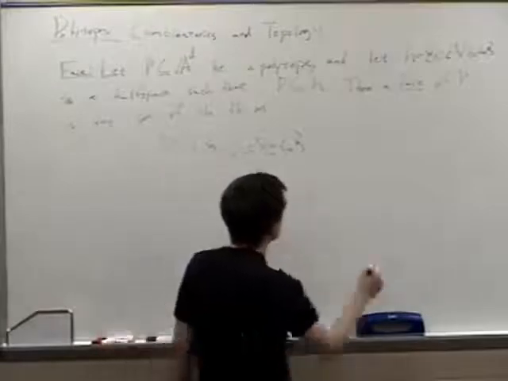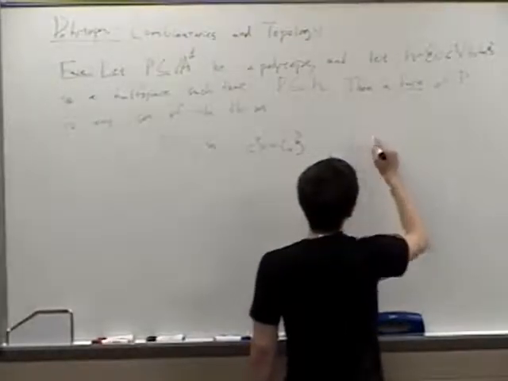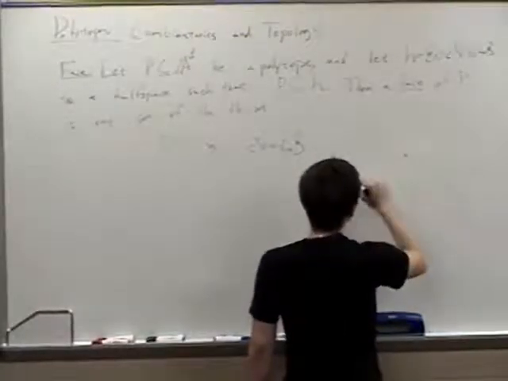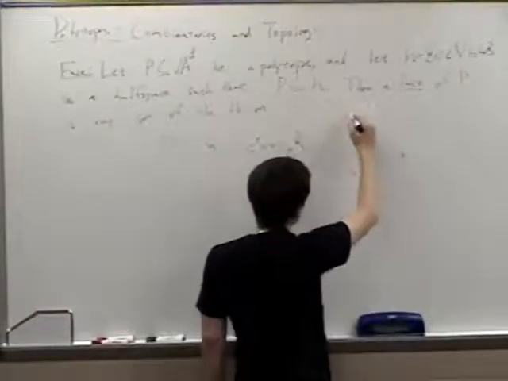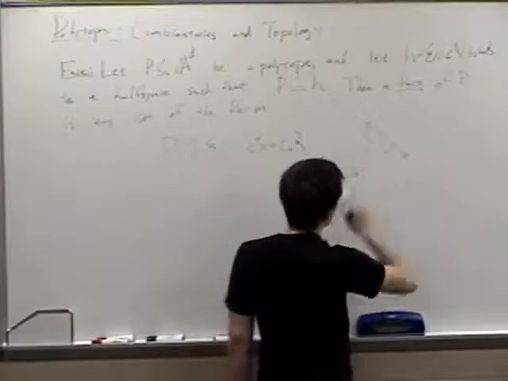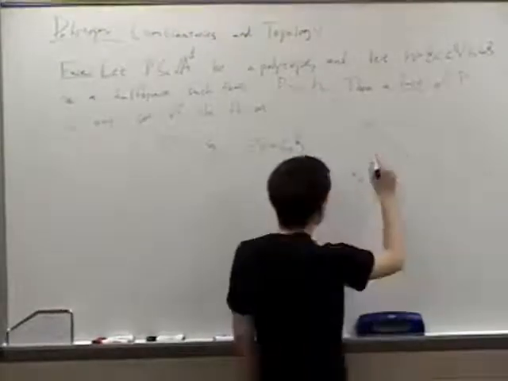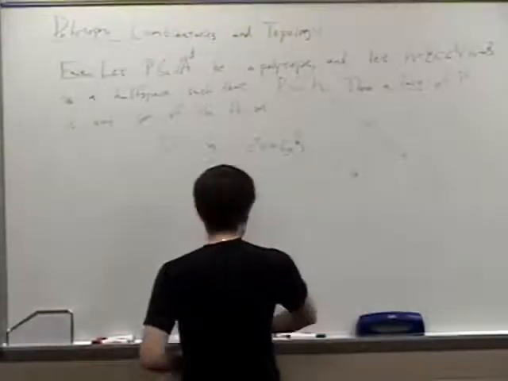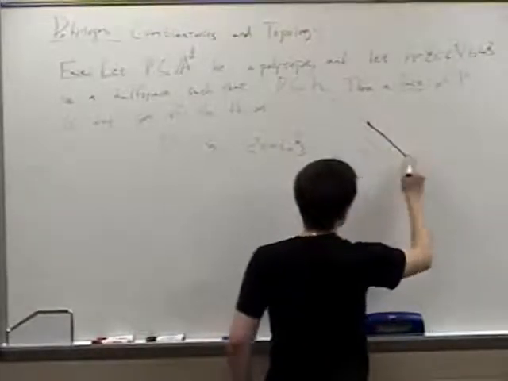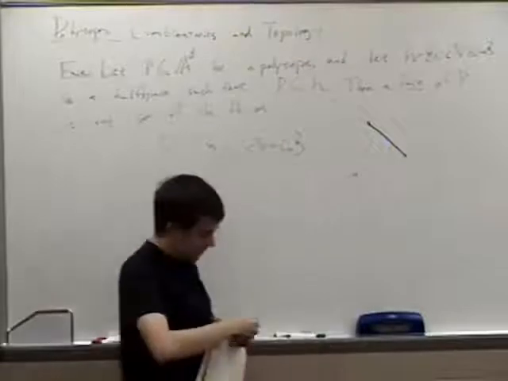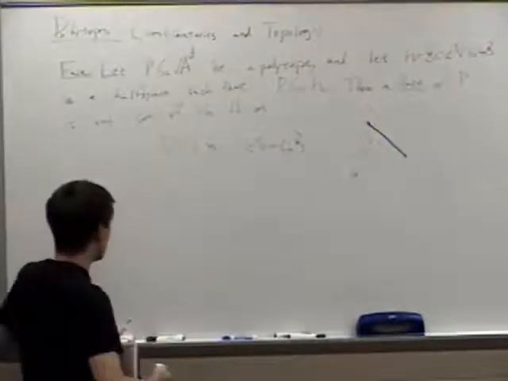So here's sort of a picture. Imagine we have a triangle like this. Maybe it's filled in. We take some half space here, which intersects it exactly on this edge, then this set right here is a face. That's the idea for what's going on.